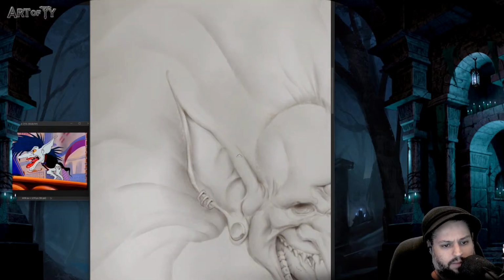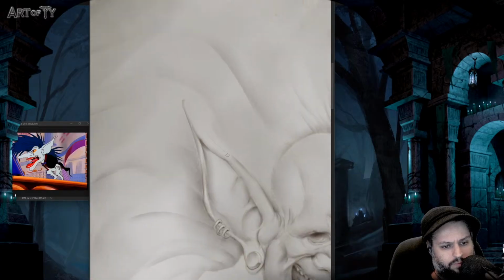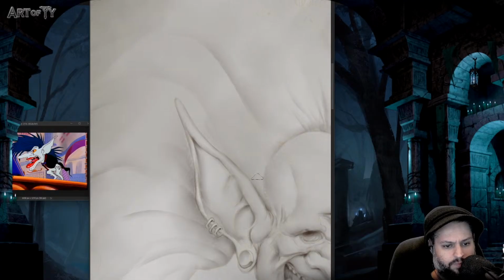Okay, I've got to get the top of the ear working. And definitely some shadow behind the head.